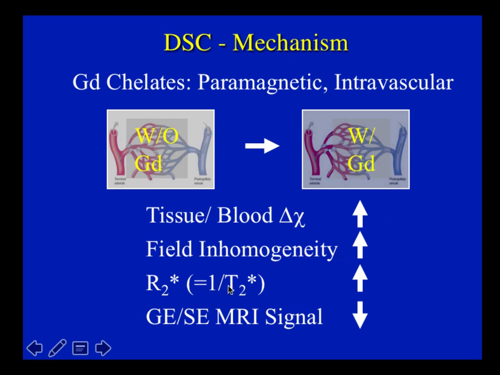That results in a decrease in T2 star, or an increase in T2 star relaxation rate. Under these conditions, when we use a gradient echo or spin echo MRI signal, we will be able to see a reduction in signal, because shorter T2 star means reduced signal in a gradient echo MRI image.